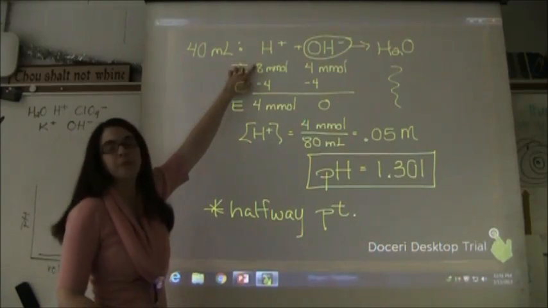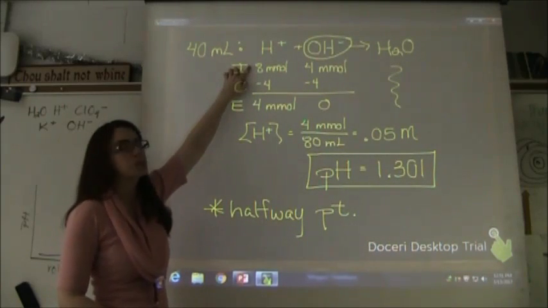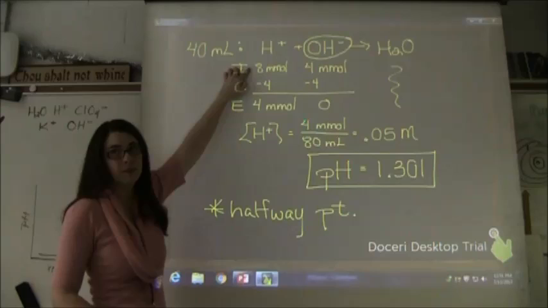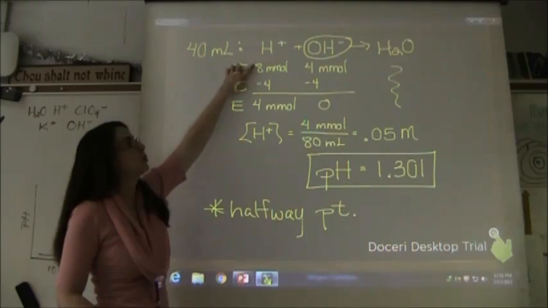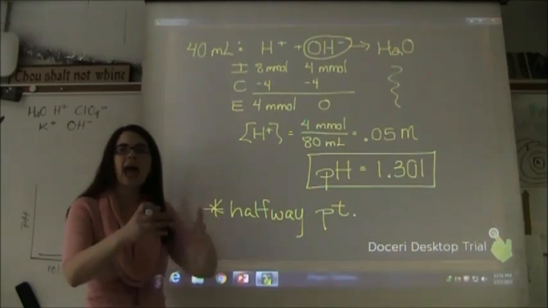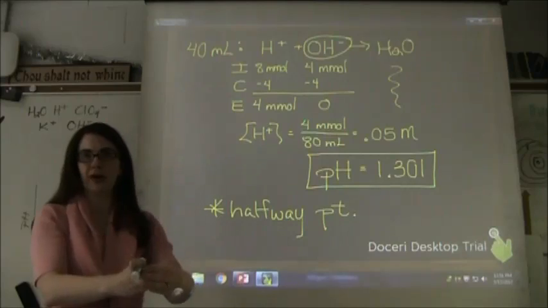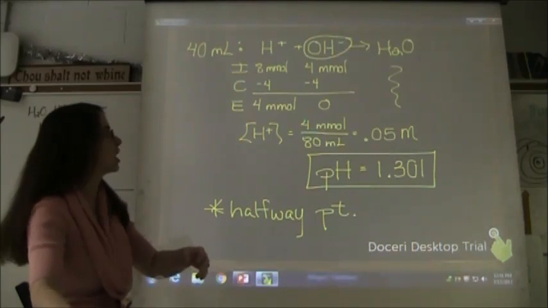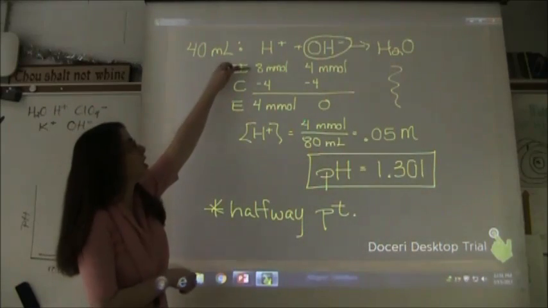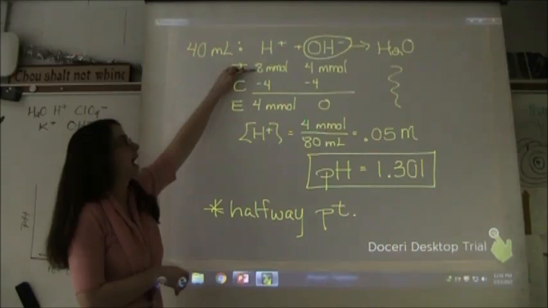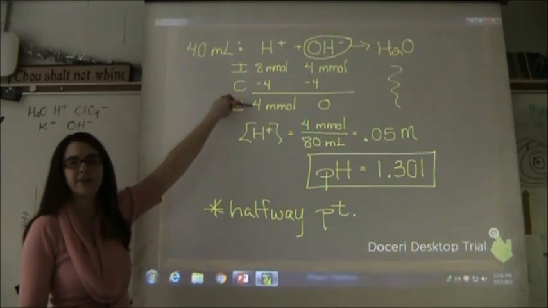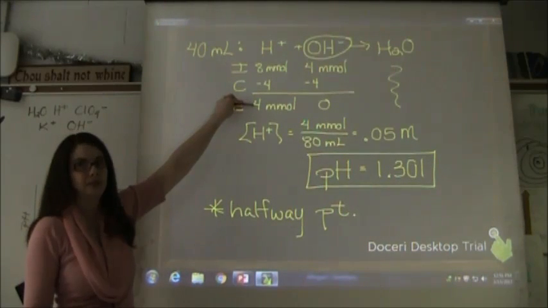This is the amount of acid that I had. Listen, everybody. This was the one. Acid was the thing I had a set amount of. Okay? That's not changing. Do you all agree that the amount of acid has been cut in half? Do you agree? Okay.